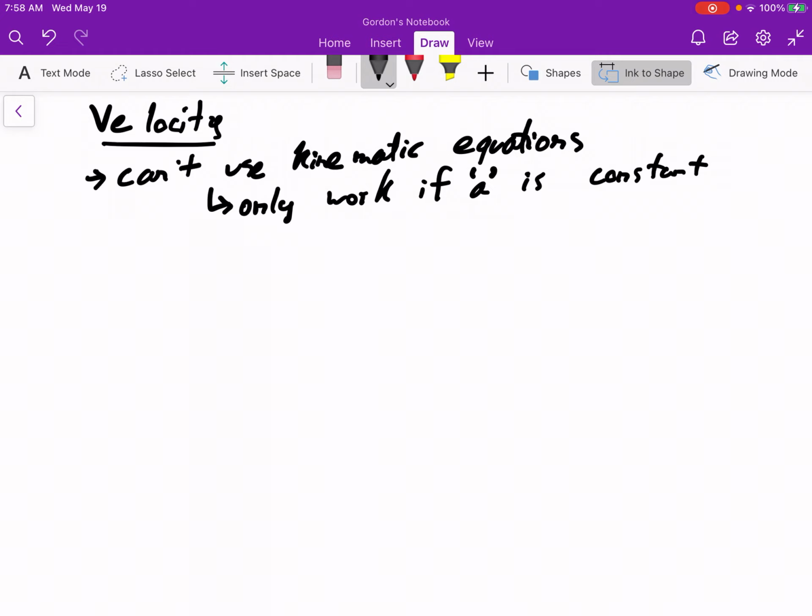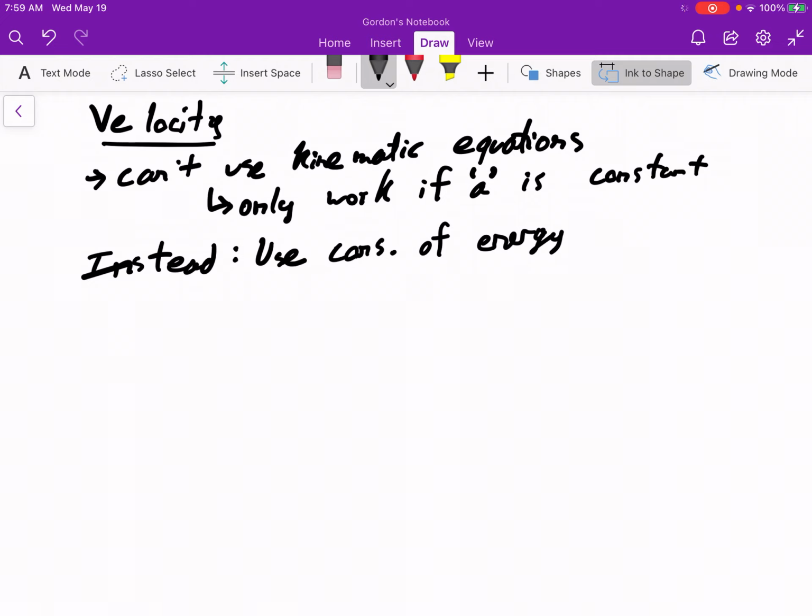And so we aren't able to figure out what the speed is at any one point by using these kinematic equations. You would have to use calculus in order to answer that. So instead, we're going to use conservation of energy. And this makes our life much easier.